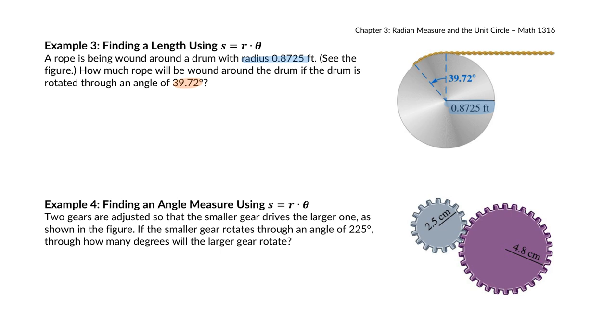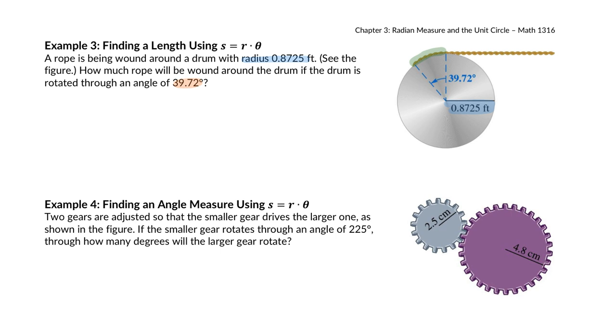If I'm asking how much rope would be wound around the drum, I'm basically asking for this measurement right here, which we know to be the arc length. How much has moved around the drum in that much angle? That's arc length. So we have a formula for that.